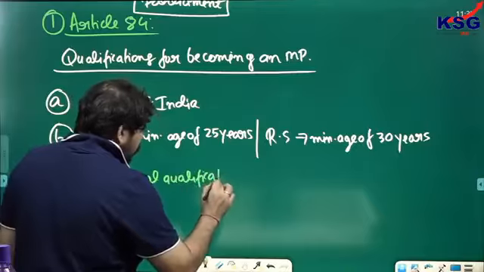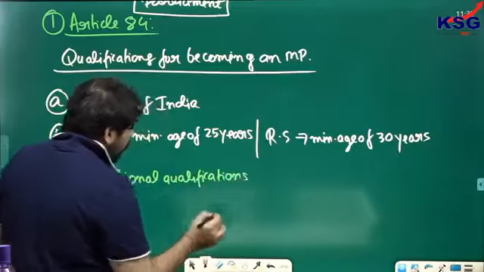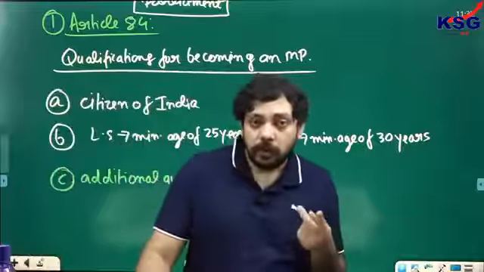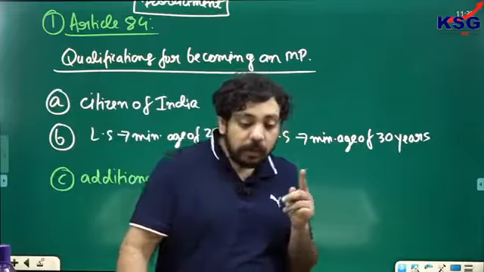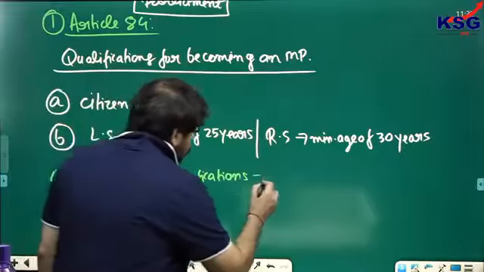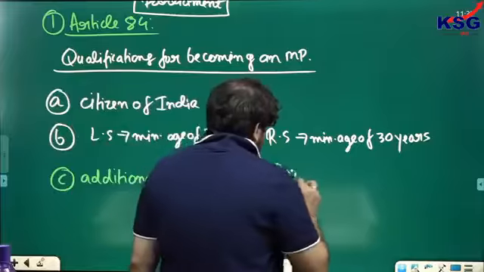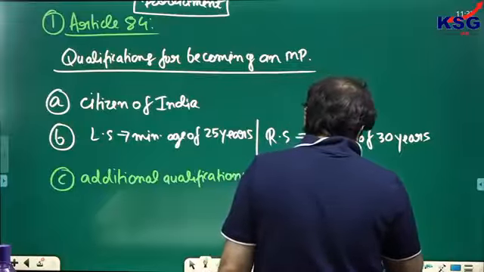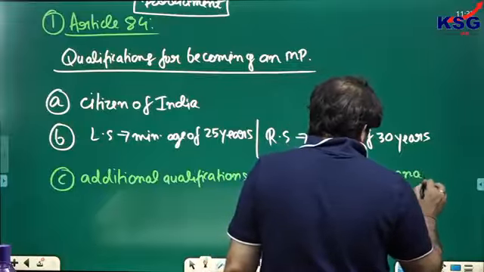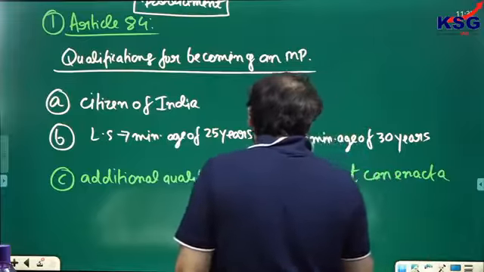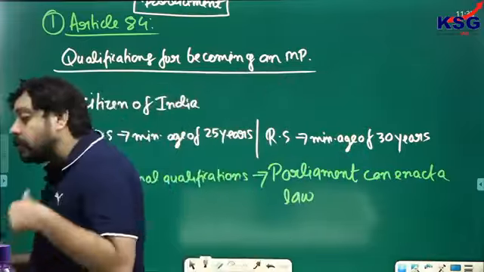If there are more qualifications which need to be made in addition to A and B, they can be made by the parliament by making a law. So parliament can enact a law to give any additional qualifications.